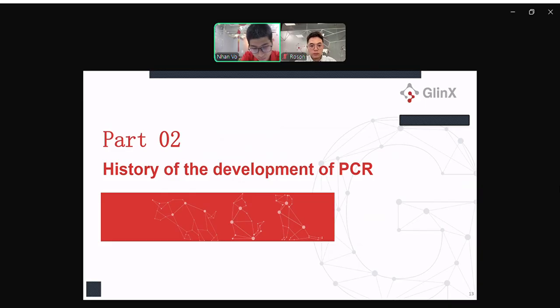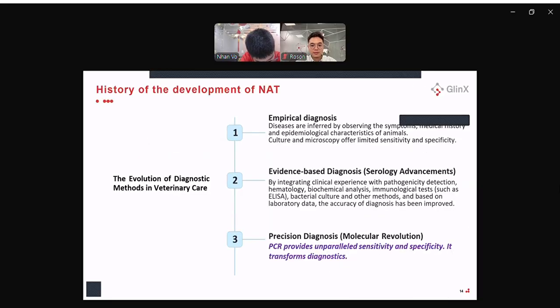And the in-cycle machine is using the most standard method, and it is more than just a PCR machine, more than just an amplification machine. And we can come into the second part, the history.